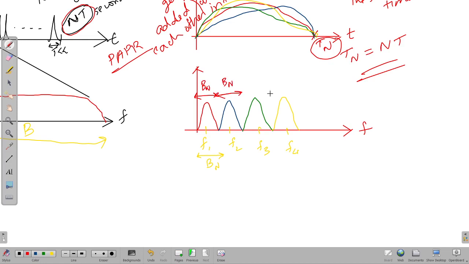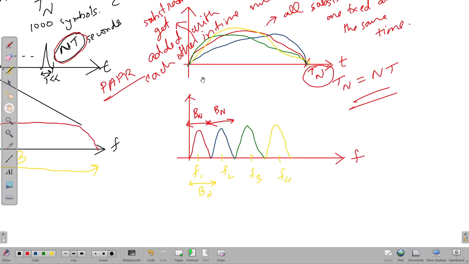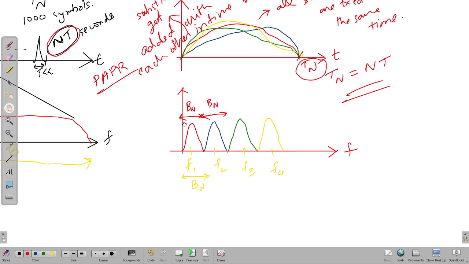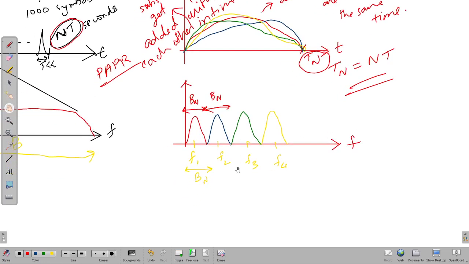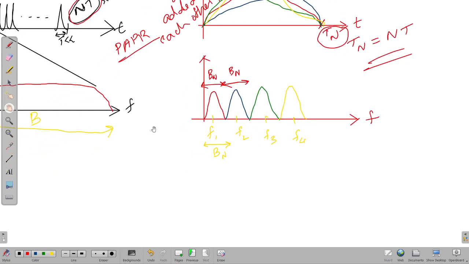Each of these substreams is orthogonal to each other in frequency domain. In time domain, it is not so obvious whether it is orthogonal or not, but in frequency domain, you can clearly see that the signals are orthogonal to each other.